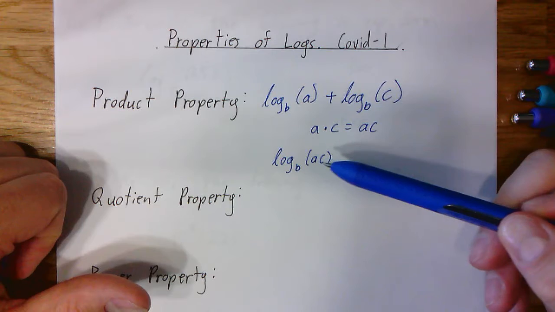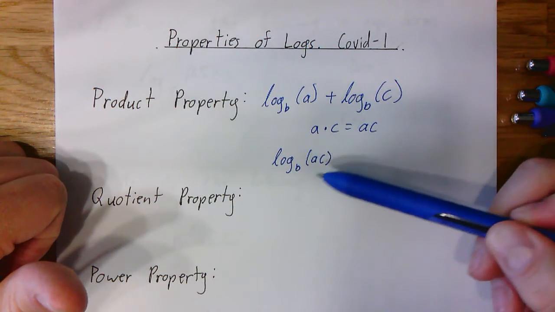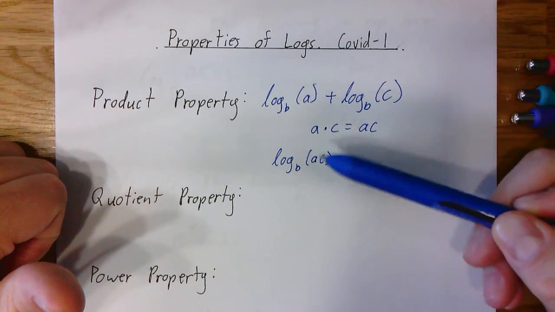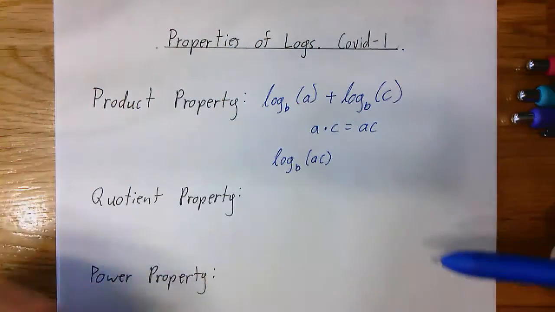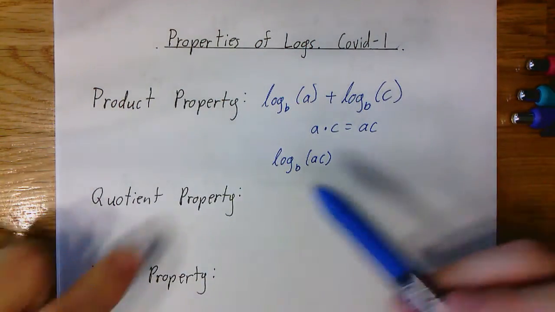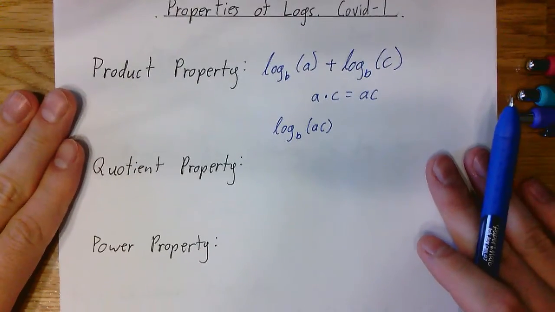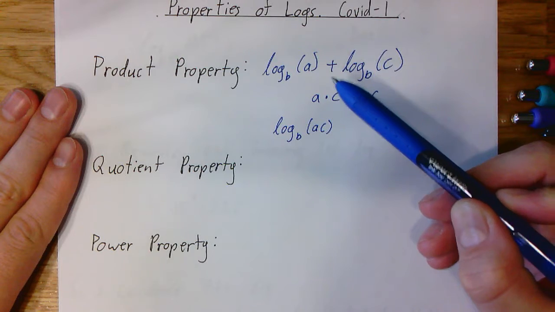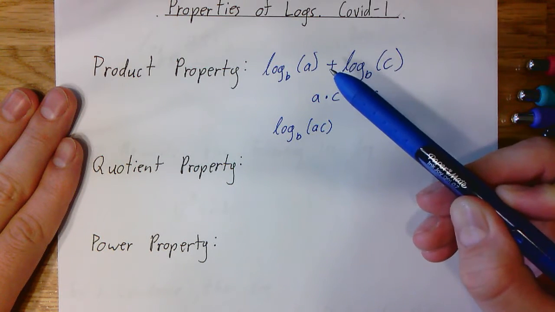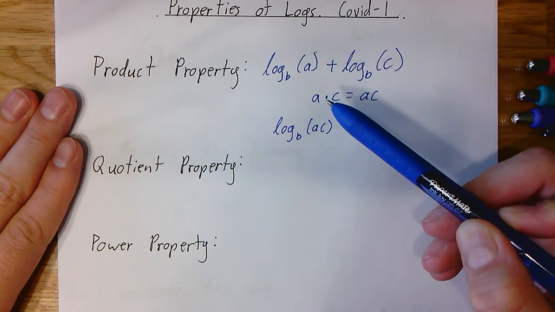Likewise, if you have A times C in the argument of the log, that's the inside of the log here, then you can split them apart, put them in their own logs, and break them up. Okay, quotient property is basically the exact same thing, except instead of a plus sign here, you would have a minus. So if we change plus, that means we're going to change our multiply to divide, right?